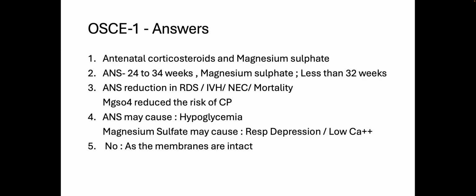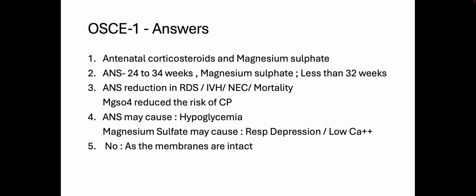So obviously the two important antenatal interventions would be the antenatal corticosteroids and magnesium sulfate. I think most of them have answered that correctly. As far as the antenatal steroid, the indication would be that if a mother is there with impending preterm labor and she has a gestation of 24 to 34 weeks.